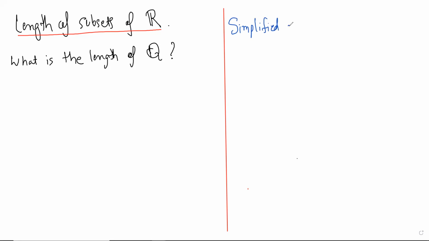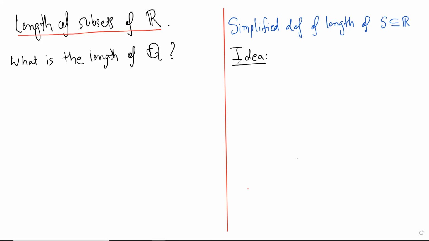Simplified definition of length of a subset S in R. Well, first of all, the idea, because we have discussed this last time, is to take a subset of R and assign some number to it.